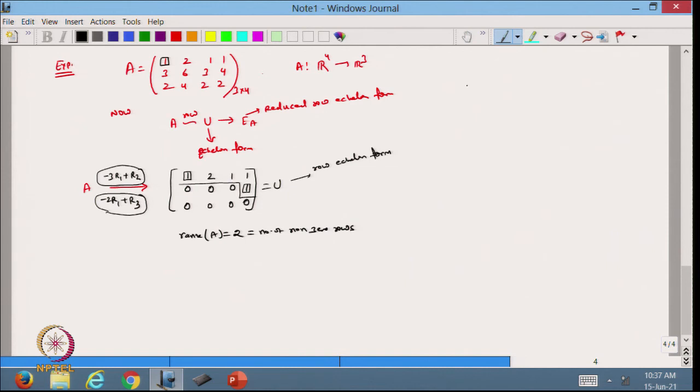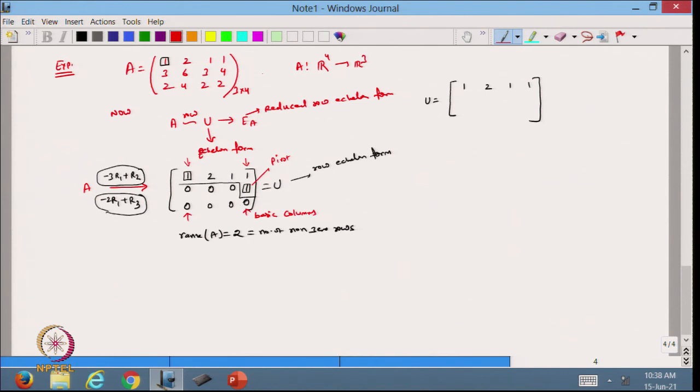Now from U, so this is my U: 1 2 1 1, and the columns where these pivot elements occur are called the basic columns, where the pivot element is appearing.